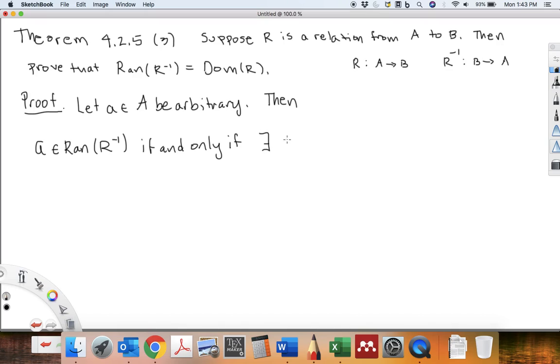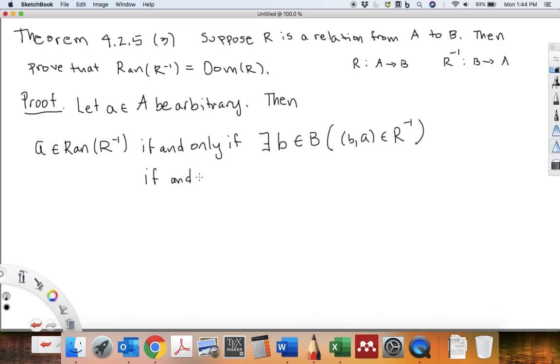It means there exists b in the set B such that the ordered pair (b, a) is in the inverse relation. Remember, a relation and its inverse is a set of ordered pairs. So a is an element of the range of R inverse if and only if there is a b in set B such that the ordered pair (b, a) is in the inverse relation.